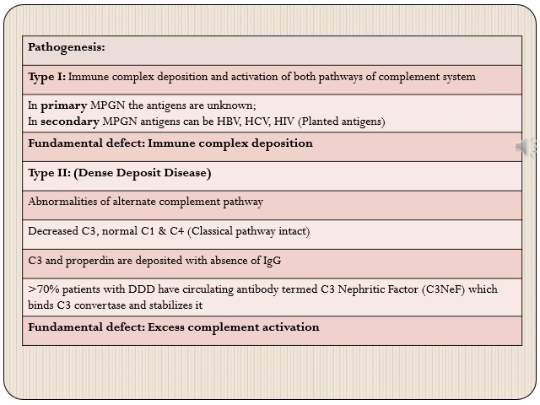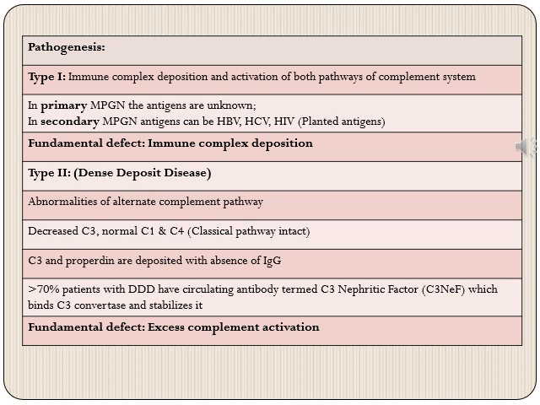So C3 and properdin are deposited with absence of IgG in cases with dense deposit disease, and it has been observed that more than 70% of patients with dense deposit disease have a circulating antibody termed C3 nephritic factor. And what does this C3 nephritic factor do? It binds C3 convertase and stabilizes it, activating excess complement, mainly the alternate complement pathway.